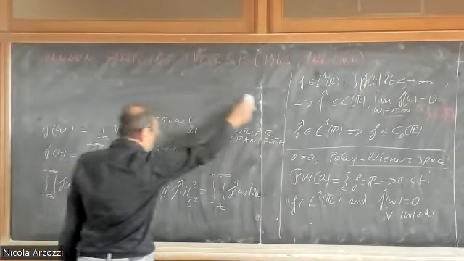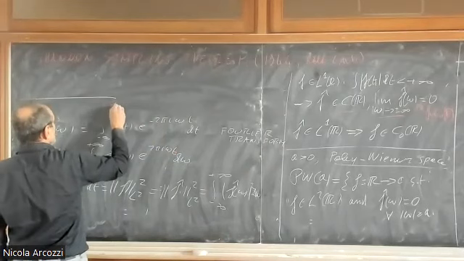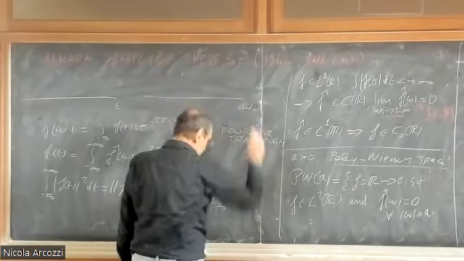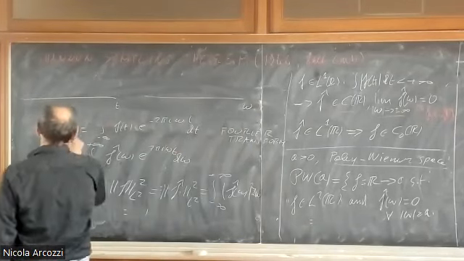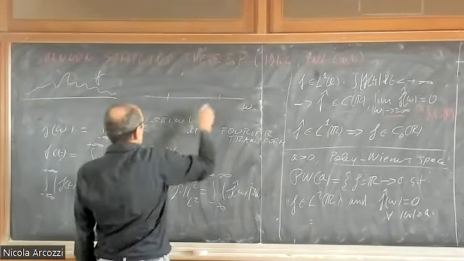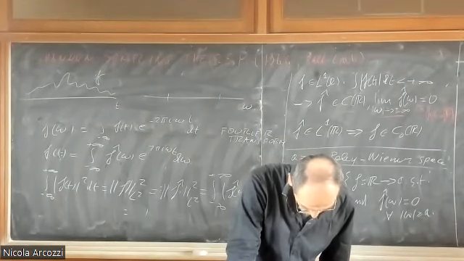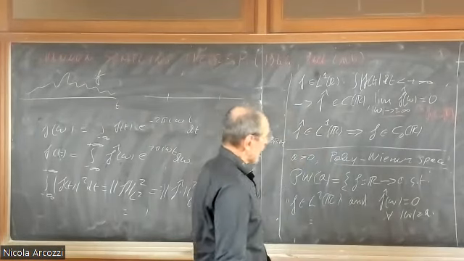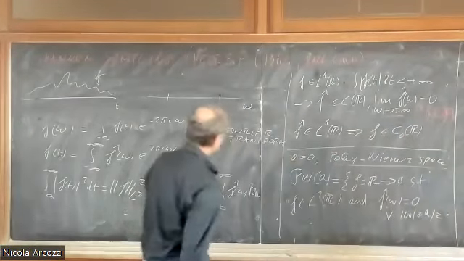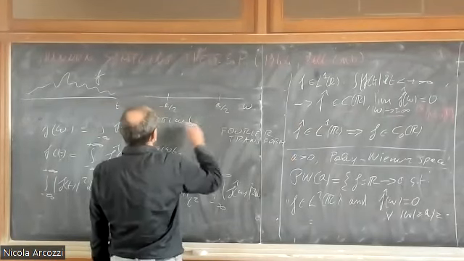Which means that we have two functions. So here there is time, and here there is frequency, and here there is my f, and here there is my f hat. And here there is A over 2, and here there is minus A over 2.